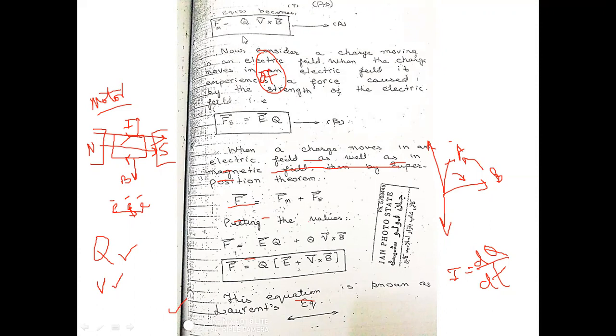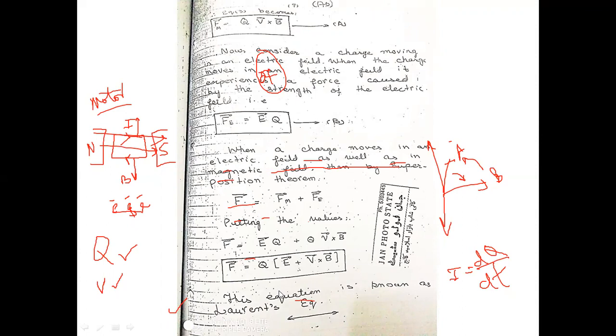Fm is equal to Q V cross B, and Fe is equal to E Q. Taking q as common, we are left with E plus V cross B. This relation is the net force applied by both the magnetic field and the electric field, and this is called the Lorentz equation.